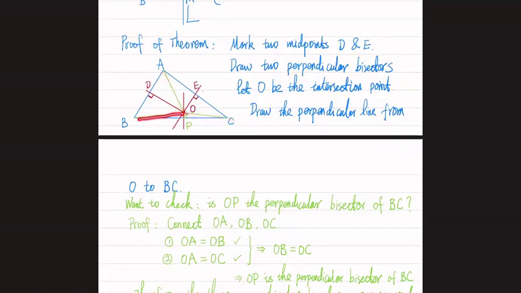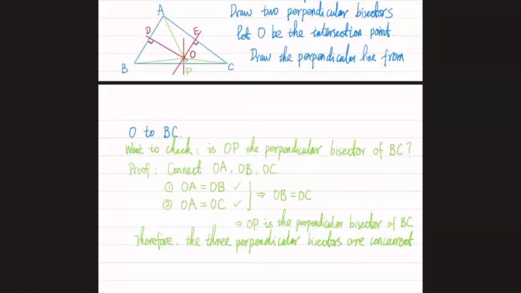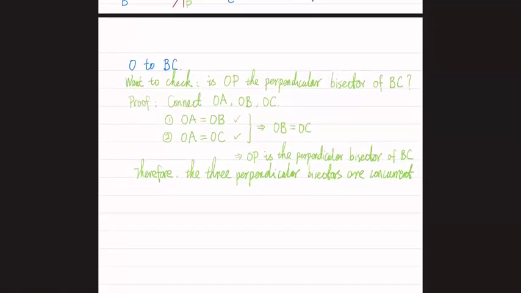Therefore, OB equals OC. Being perpendicular, it turns out this one is also the perpendicular bisector. So all three perpendicular bisectors go through the point O. They are concurrent. Okay, so we finish the proof, the point of concurrence.